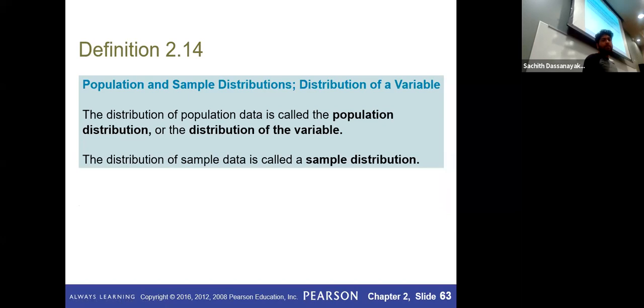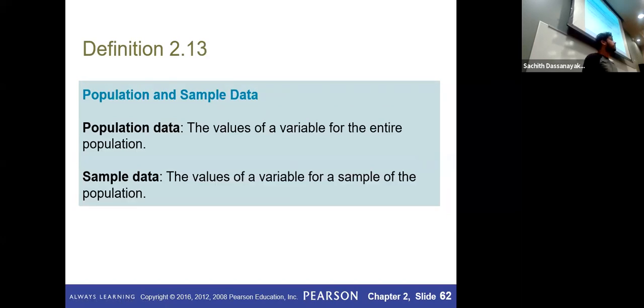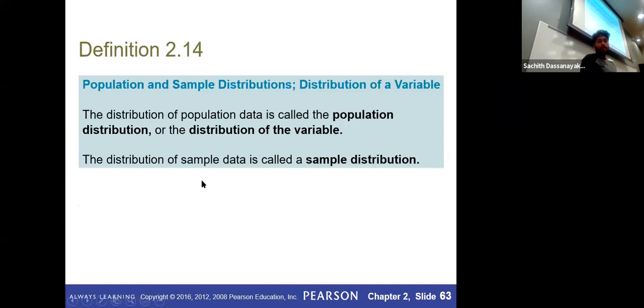Most of the time we do not mix these data types. If we are dealing with a sample, just stick with that sample data. Otherwise, stick with the population data. Don't mix them. Based on that data, we will have their distributions. If we are dealing with population data, then we have the population distribution, or we call it the distribution of the variable.